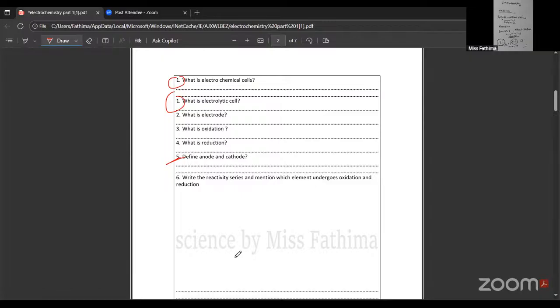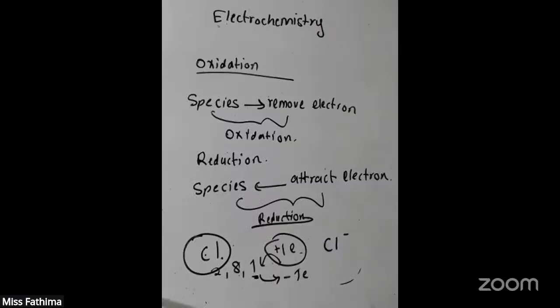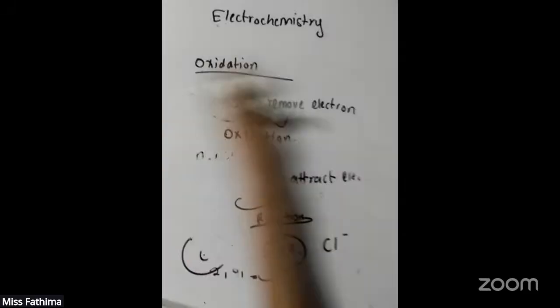Okay. Wait. Before that, let me teach another part, and then all together you can do it. Look here, children. Stop the work and look. Now you have the reactivity series. Can anyone unmute and tell me the reactivity series?